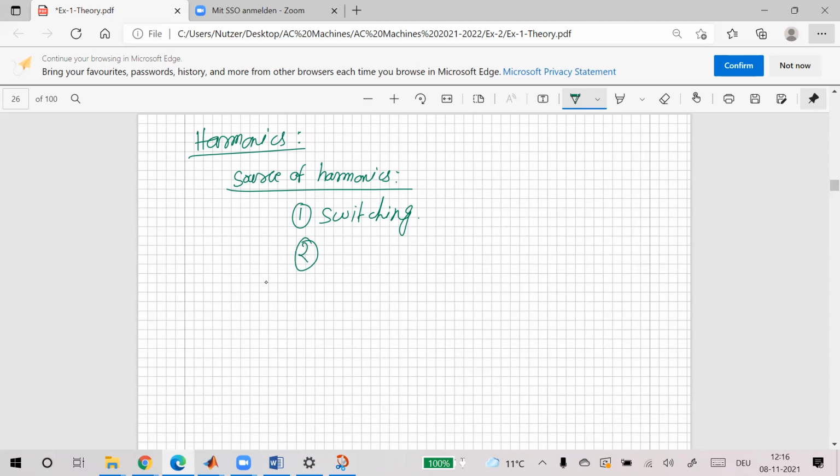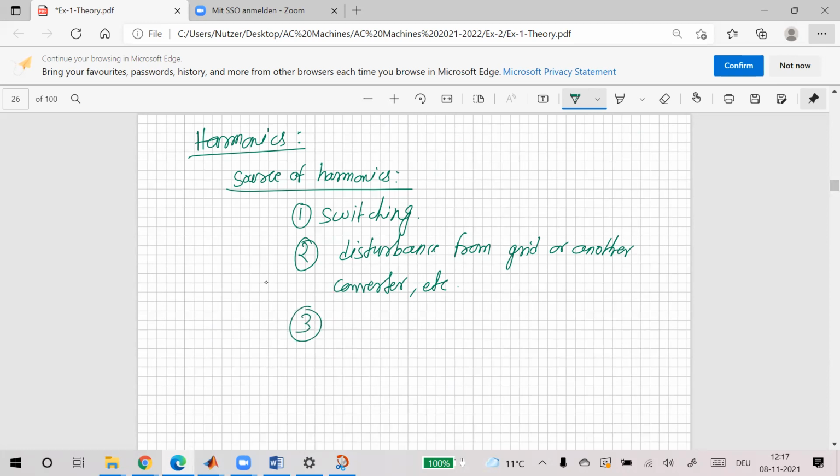So this can be disturbances from others, from the grid or another converter, and so on. There are so many possibilities, like the interaction between one system and another system.